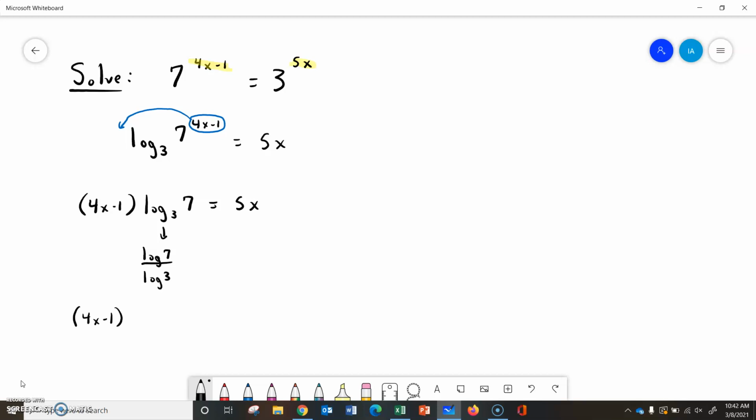So I still have the 4x minus 1 out front, but log of 7 divided by log of 3 is, I'm going to use 4 decimal places, 1.7712. So if I want to keep the exactness there and keep the log base 3 of 7 or log 7 over log 3, I'm not going to have it as easy to keep going, but I could.